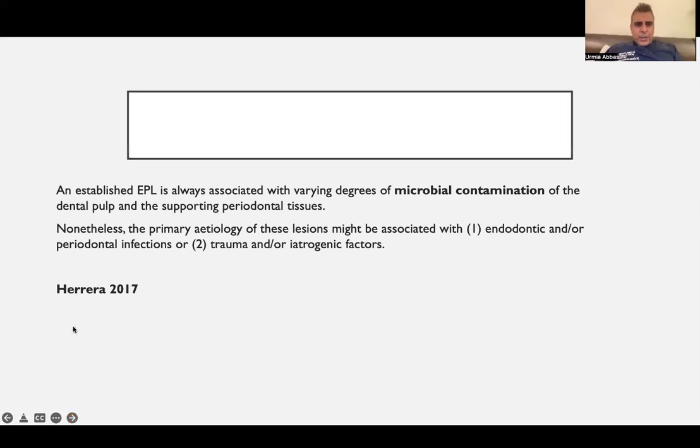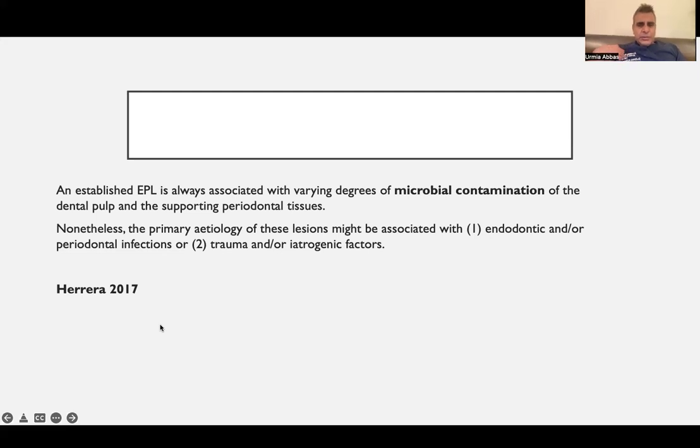And in 2017, Herrera, in one of his studies, said that an established endo-perio lesion is varying degrees of microbial contamination of the dental pulp and supporting periodontal tissues. Nonetheless, the primary etiology of these lesions might be associated with endodontic and or periodontal infections, trauma, or iatrogenic factors.